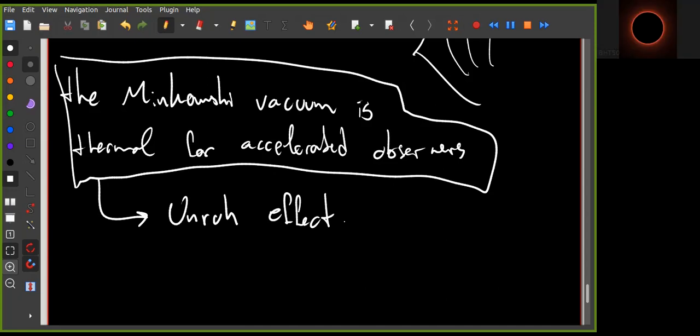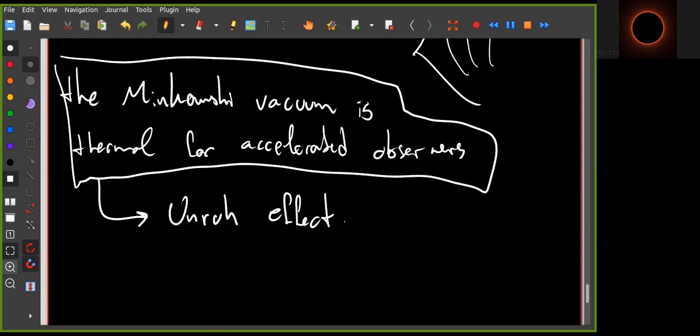So this notion that the vacuum is not unique, one can think of this as being a reason because the accelerated observers are also not unique. You can choose different accelerated observers. Sorry, I didn't understand the question.